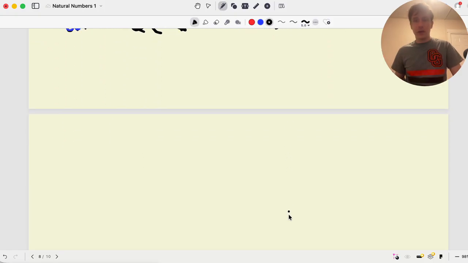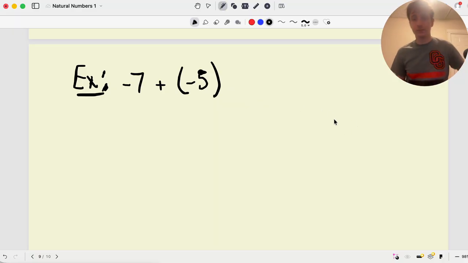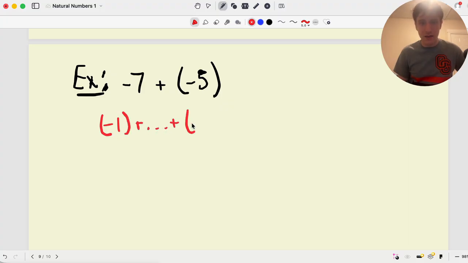So let me give you another example. It's a bit trickier. What happens whenever I take, say, -7 and I try to add to that -5? What does the number -7 represent? It represents 7 anti-dots, so to speak. So I have -1 plus -1 and so on and so forth, added 7 times.